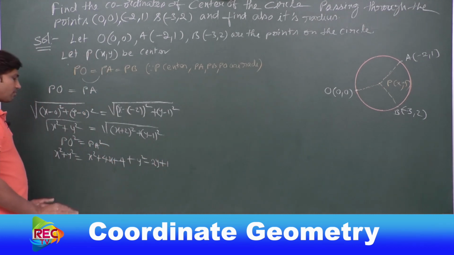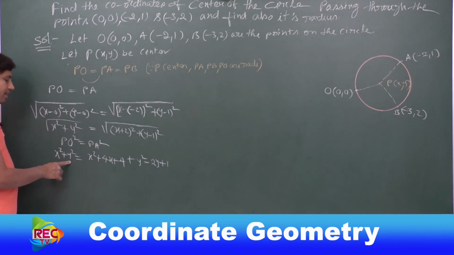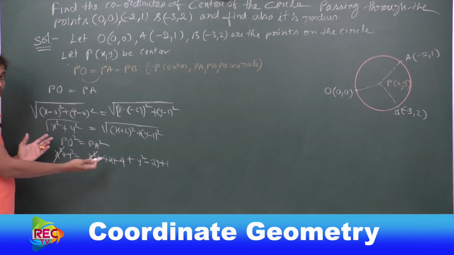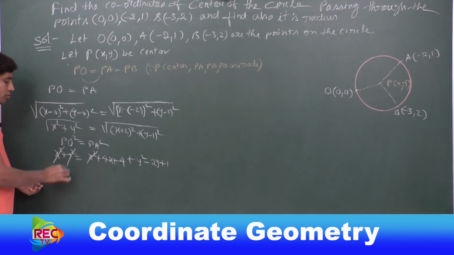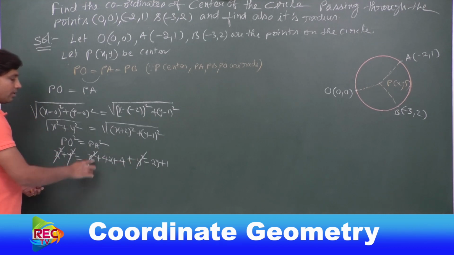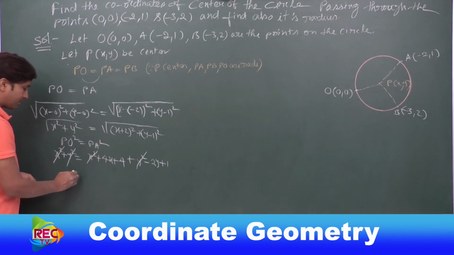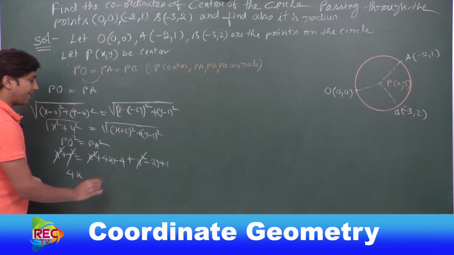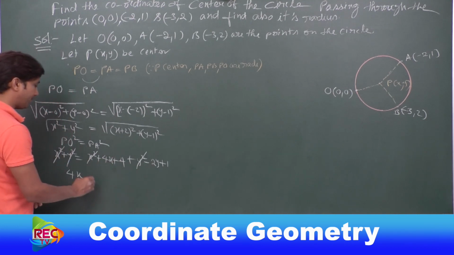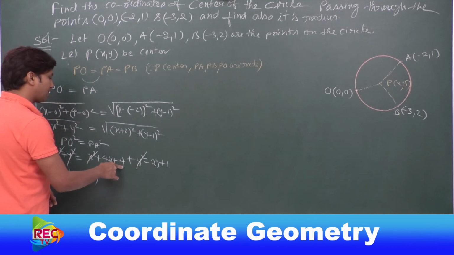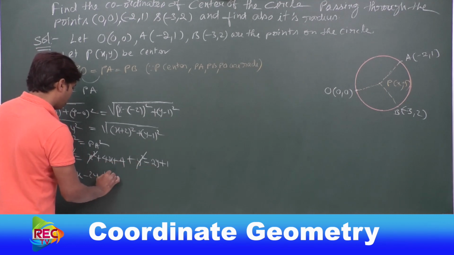Okay. Now if you observe this carefully, on both sides we have x square and y square terms with the same signs. Plus x square and plus x square can be cancelled on both sides of the equation, and here also y square and y square will be cancelled. Now what is left over there? 4x, and minus 2y, here plus 4 and plus 1, that would be plus 5.